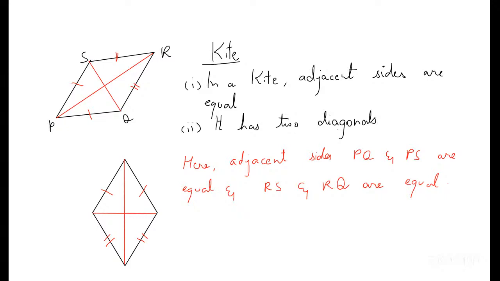So now we will try out some questions on quadrilaterals. Some questions on quadrilaterals. So a quadrilateral has three acute angles, each measuring 80 degrees.